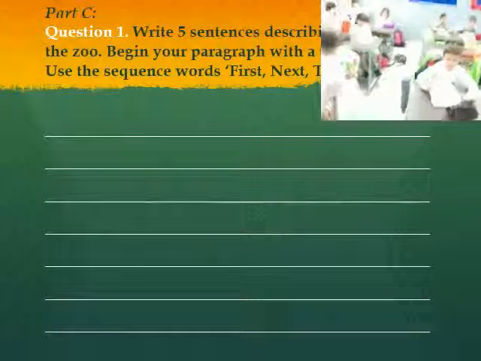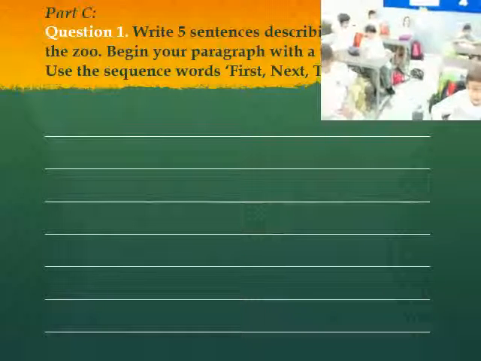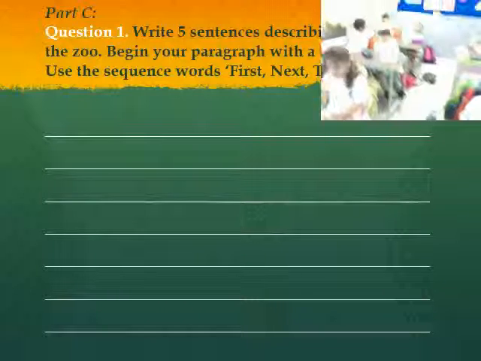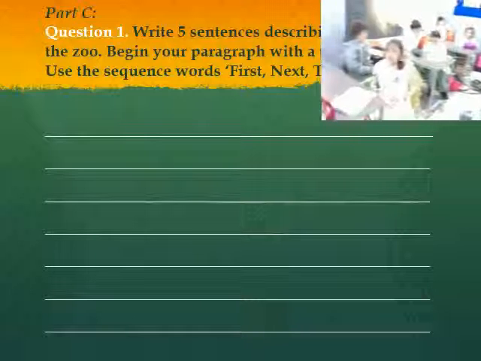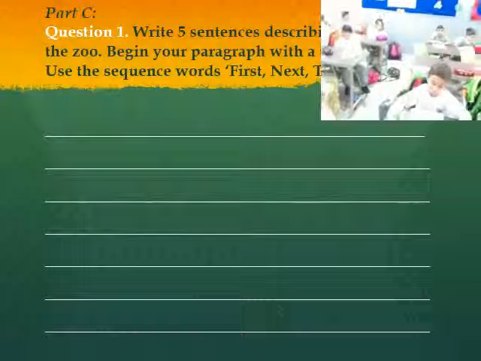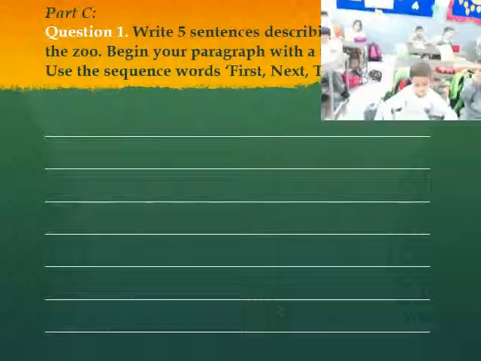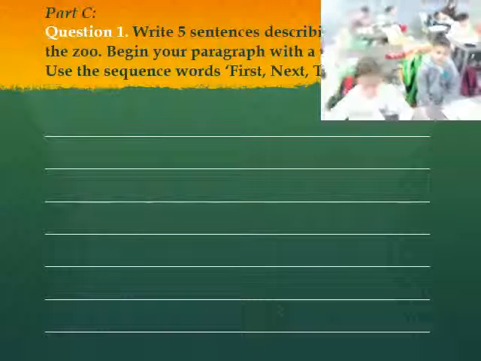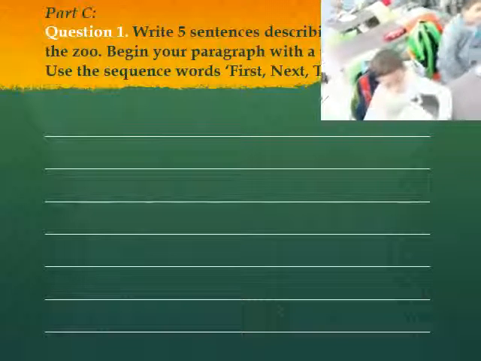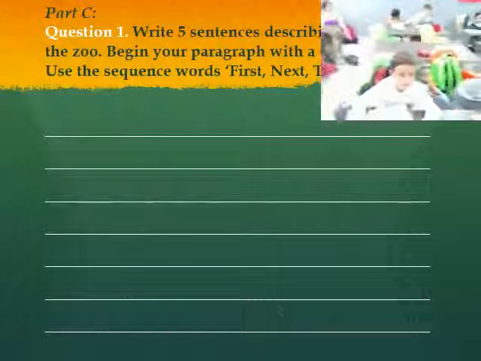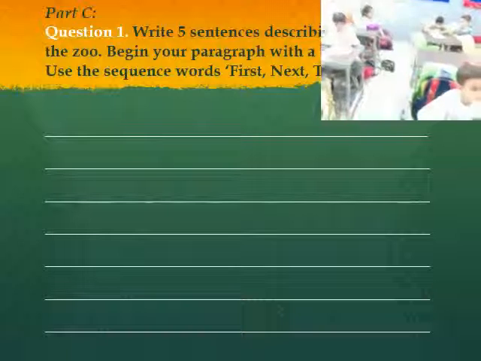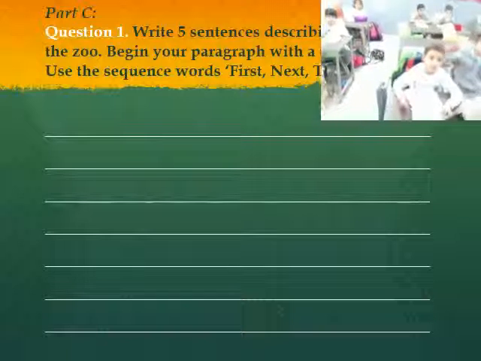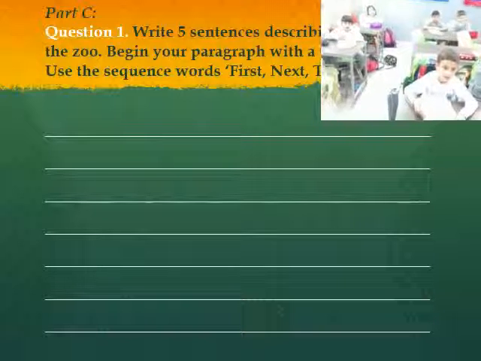Part C. Question 1. Write 5 sentences describing your day at the zoo. Begin your paragraph with a topic sentence. Now remember, a topic sentence tells us what the rest of the paragraph is going to be about, okay? Use the sequence words first, next, then, and last.